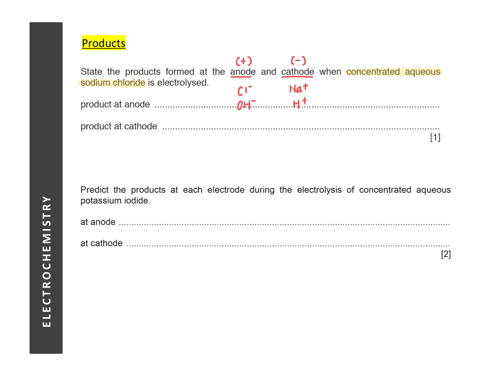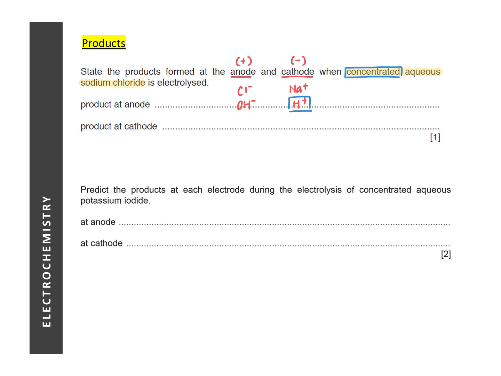So at the cathode, when we compare your cations, hydrogen ion is way below that of sodium, so it will be preferentially discharged. At the anode, your hydroxide is below chloride. However, in one of our case studies, we learned about concentration effects.